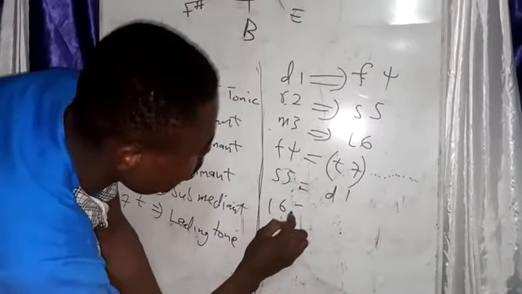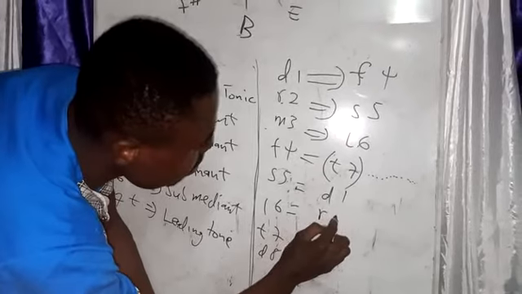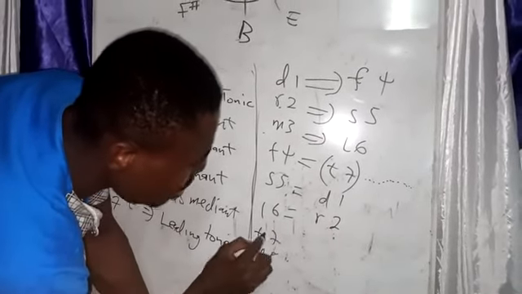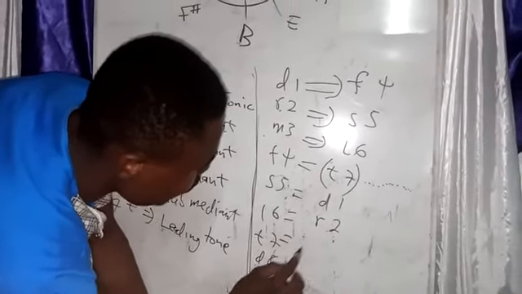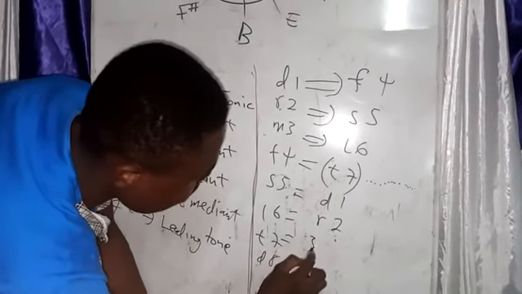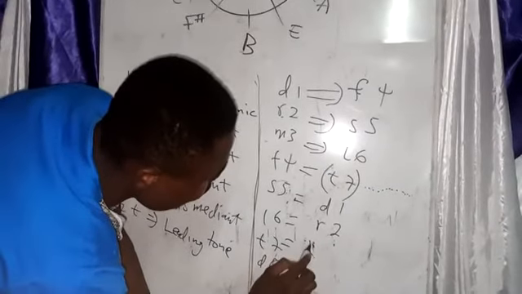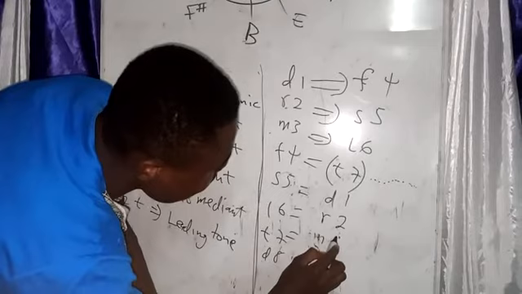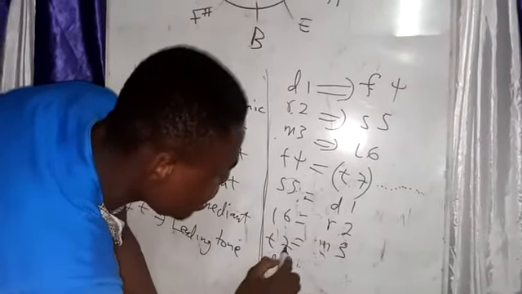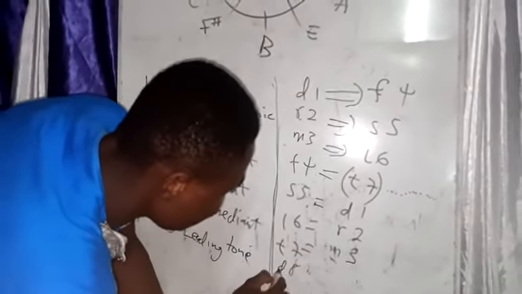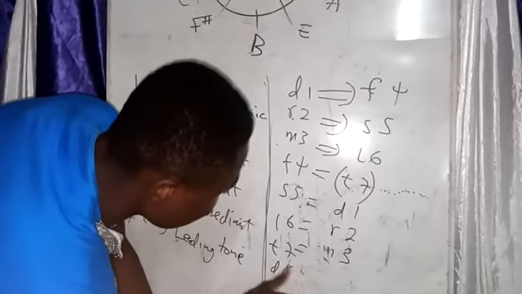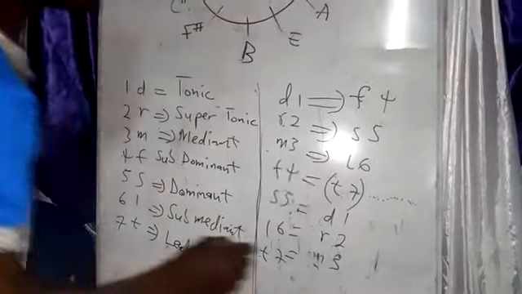The la goes to 2, which is re. The ti supposed to go to 3, which is mi, but because it's a passing chord, it's not part of the family. And the do is the last one.